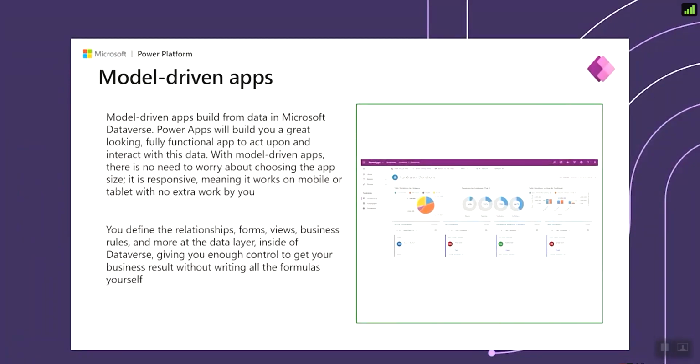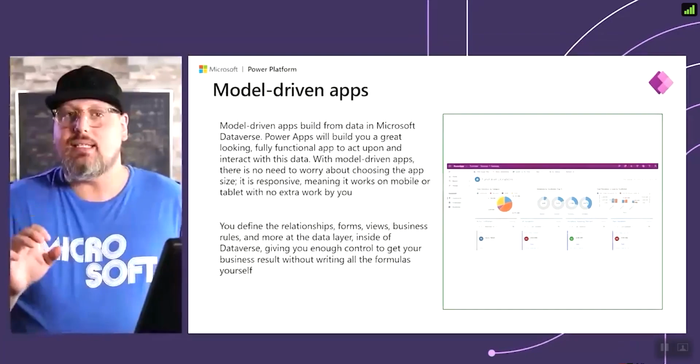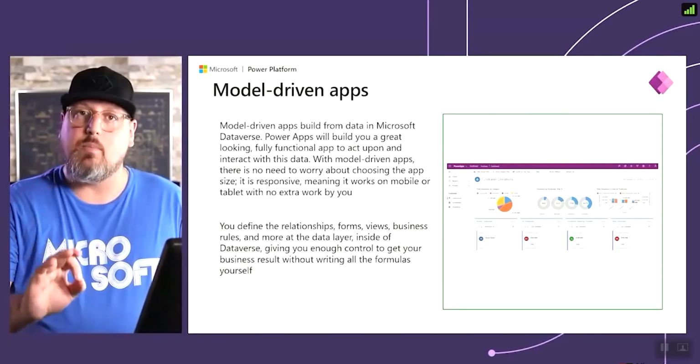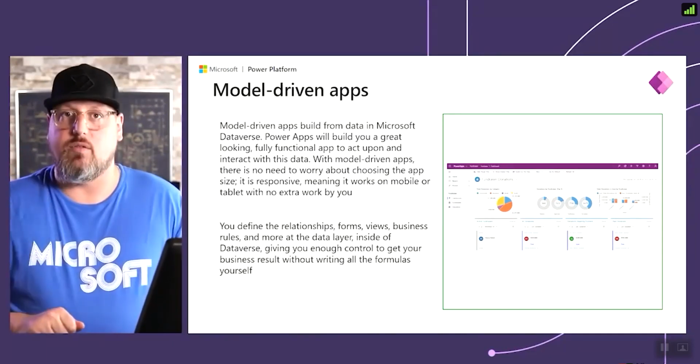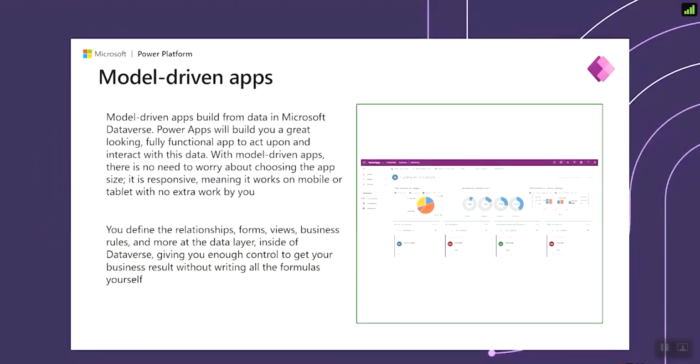So then we have another type of app called model-driven apps. So those model-driven apps are built from the data in the Dataverse. And this is important. A model-driven app will not work on anything else but the Dataverse. And then the Power App will build you a great looking, fully functional app to act upon and interact with this data. With model-driven apps, there is no need to worry about choosing the app size.